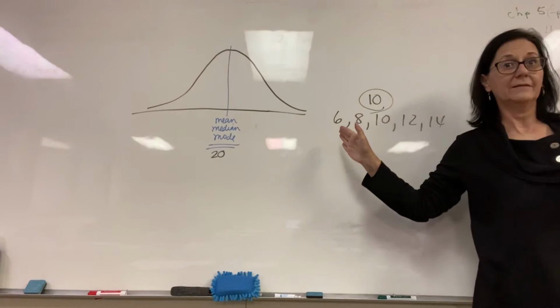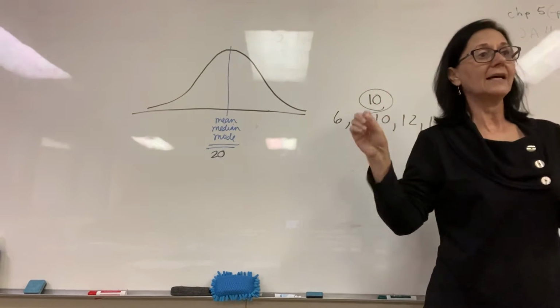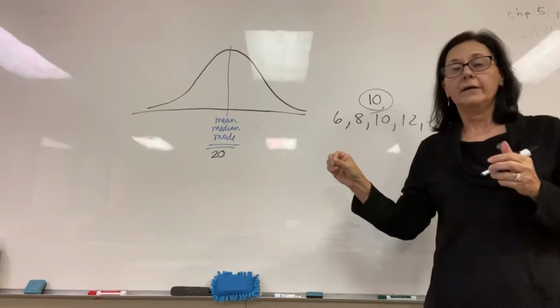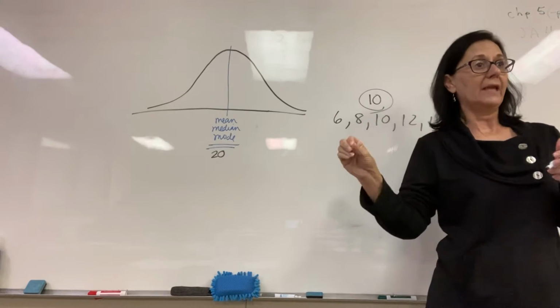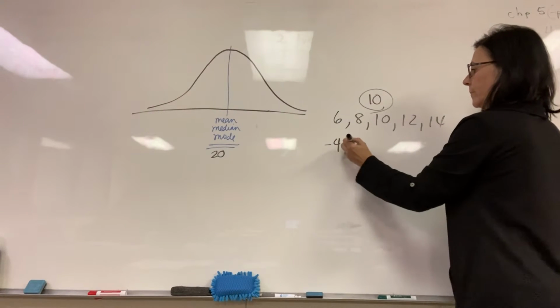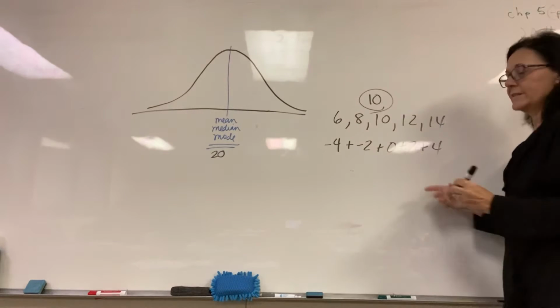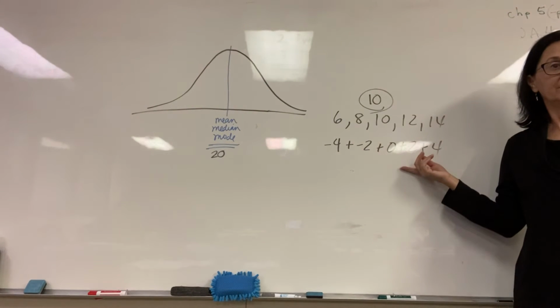Do you remember that? If we didn't square the numbers and just asked how far each one is from the mean, we would get -4 plus -2 plus 0 plus 2 plus 4. What does that equal? 0.